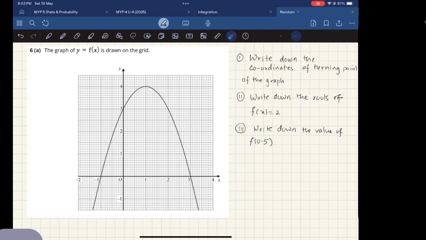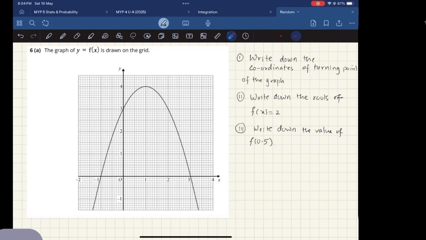So let us understand this. This is the function that they have drawn on this grid. We are using the command term write down. What do you mean by write down? Is working required here or not required?